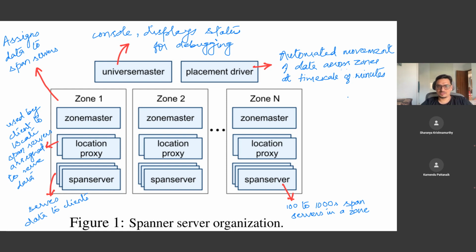Like this, you have a number of zones. The placement driver makes sure that data is moved across these, so that the distribution of data is equitable and it's not like one fills up and the other is still half empty.